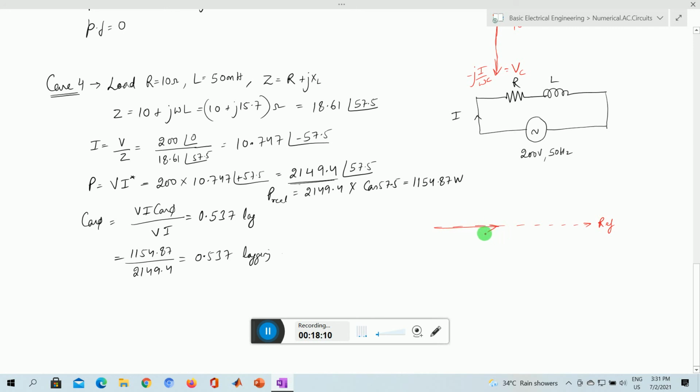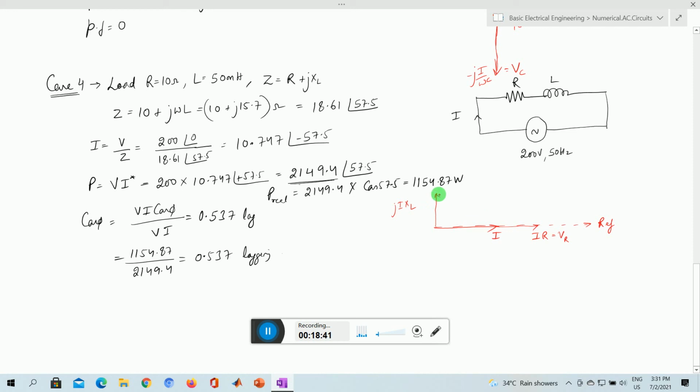Now the current phasor is multiplied with R, so it is I into R, the voltage across the resistance. When it is multiplied with j omega L, this will be in the upward direction, that is j times I into XL.